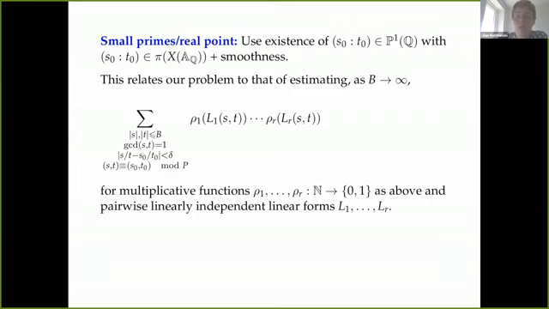If you look at these representation functions, you always have additional arithmetic information encoded in the type of object that you are counting representations for. That makes things a lot easier. When you try to evaluate these expressions for multiplicative functions in general, you lose a lot of input that was used before. The proofs look very different. There are new technical issues that occur. So it's a completely new result.